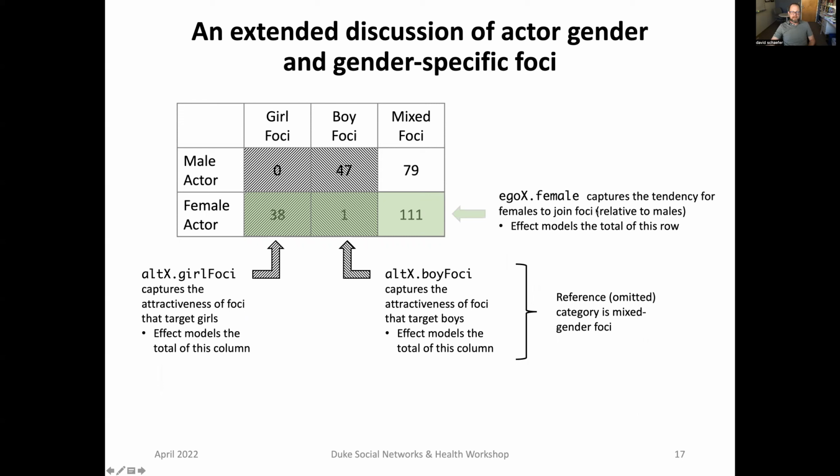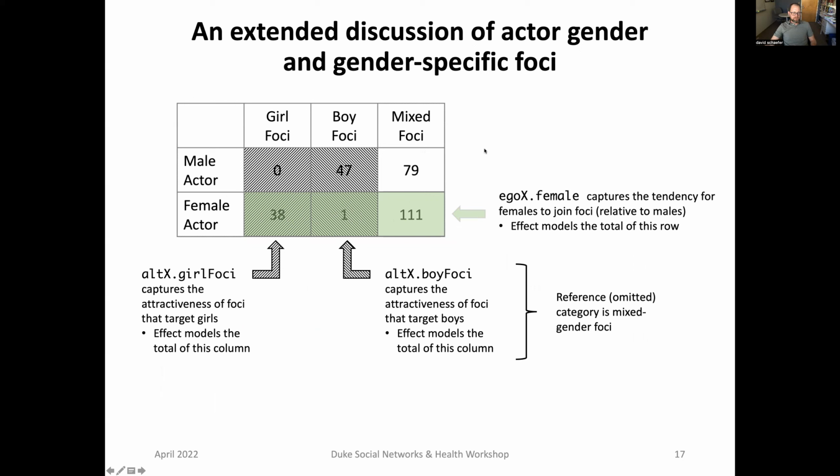We're going to add an ego X effect for females. That's going to capture this total here, how many females are in activities. We're going to have an alter effect for girl foci, and that will model this total here. We'll have an alter effect for boy foci, which will model this total here. That leaves our reference category being males in mixed gender foci.